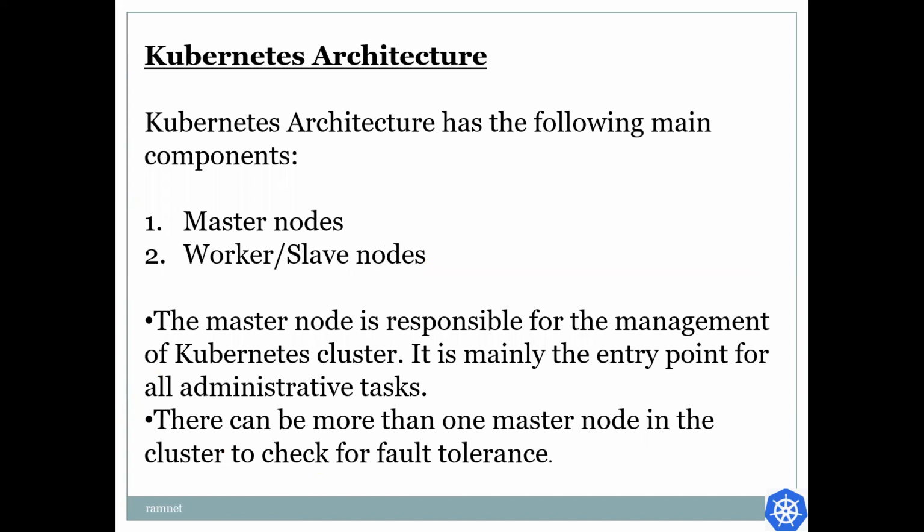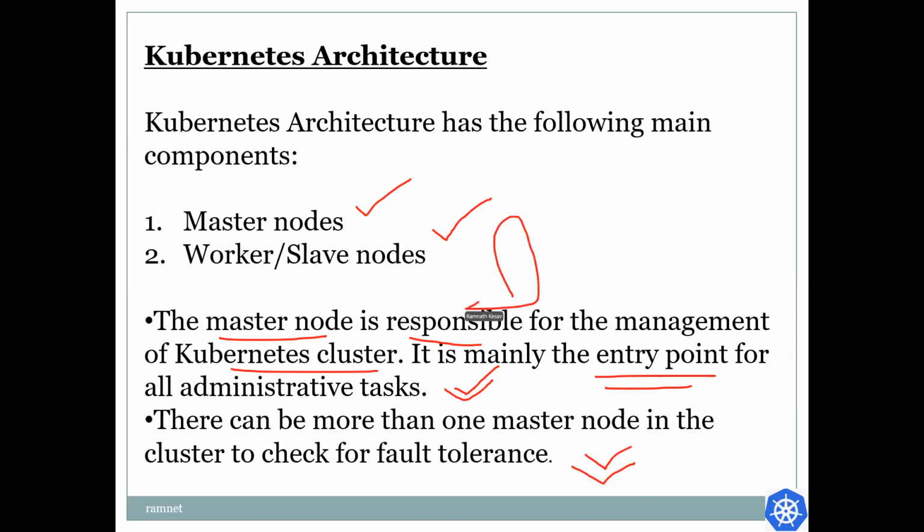Kubernetes architecture. The architecture contains two main components: the master nodes and the worker, or slave, nodes. The master node is responsible for management of the Kubernetes cluster. It is mainly the entry point for all administrative tasks. There can be more than one master node in the cluster for fault tolerance, meaning we can have an active node and a passive node, with some kind of automatic failover.